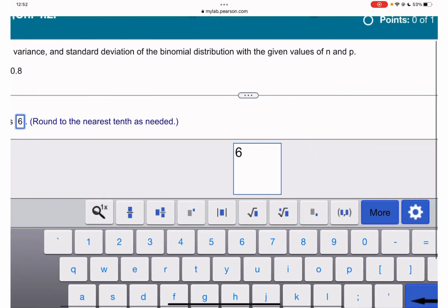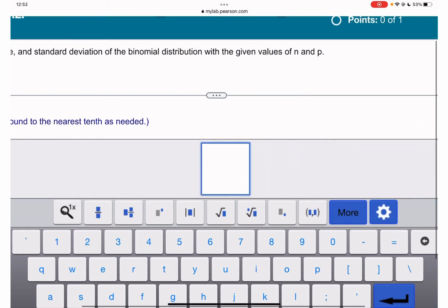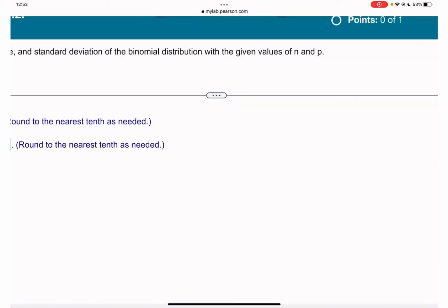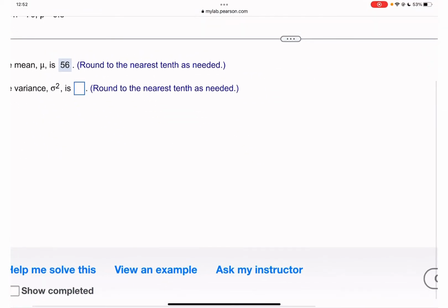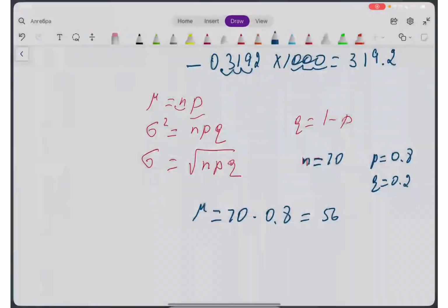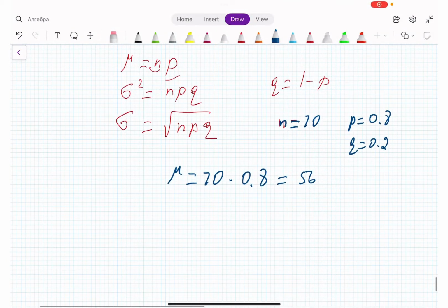Good job. Next one, we need to find the variance, npq. Since we know np is 56, sigma squared is going to be 56 times 0.2. So 56 times 2 is 112, so 11.2.